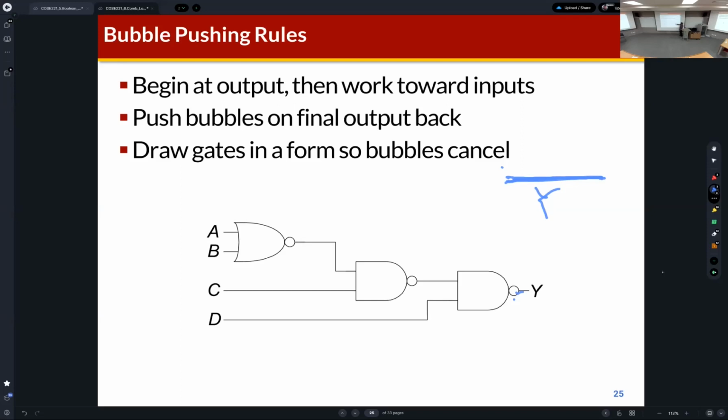Because this circuit includes the NAND gate and NOR gate. Actually, we don't need to optimize this circuit. But when we apply the De Morgan theorem and the bubble pushing rules, we can start from this final gate.